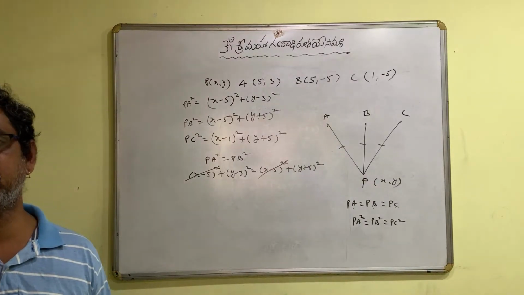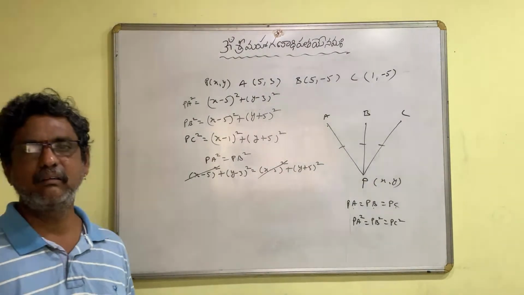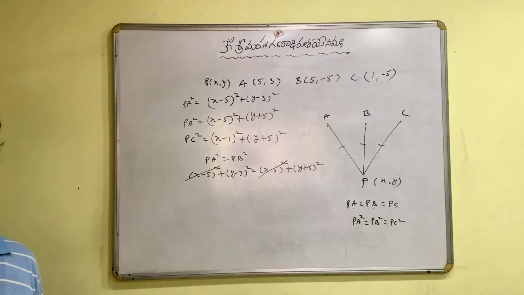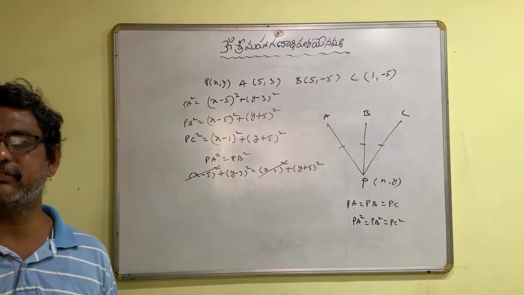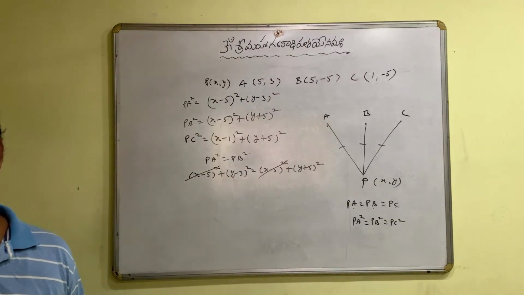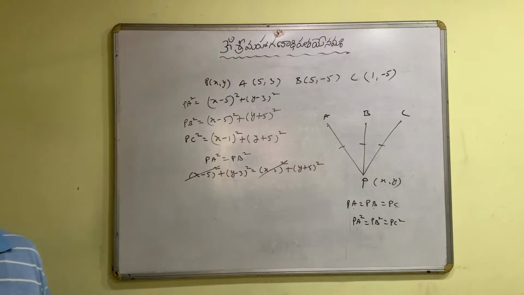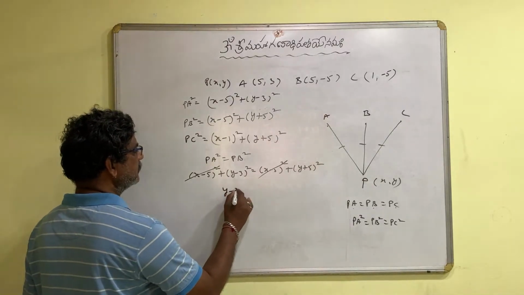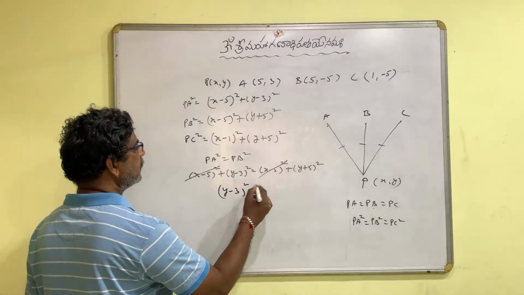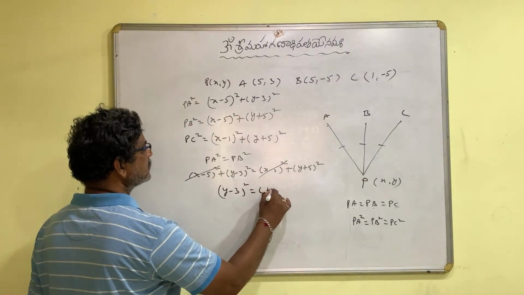You cannot do simplification like that. We can cancel x minus 5 whole square on both sides because on LHS and RHS we are getting the same term. We can cancel it. Now, we are left with y minus 3 whole square and y plus 5 whole square.